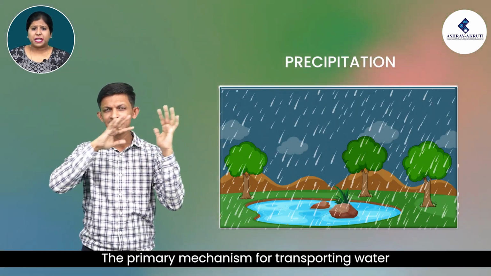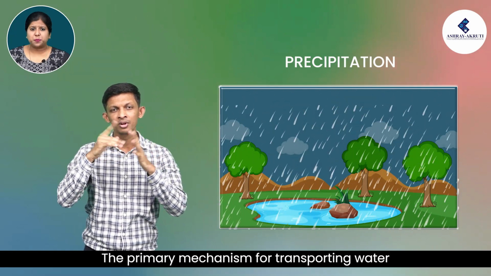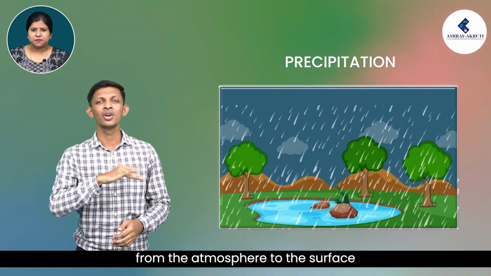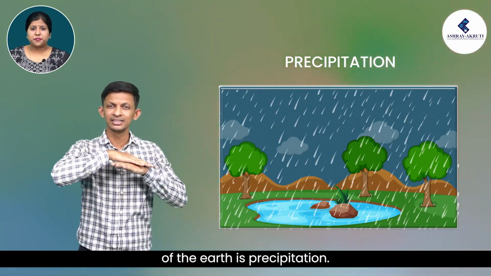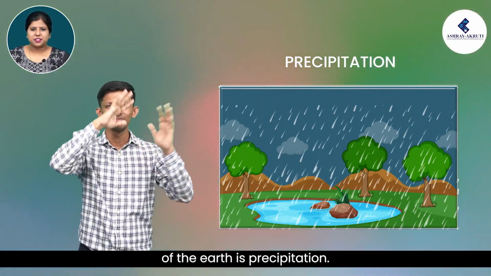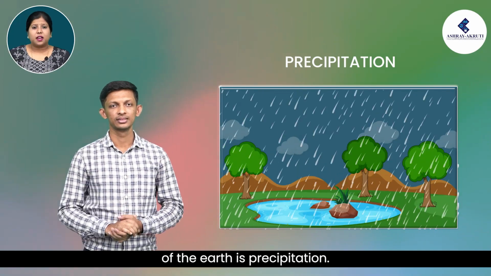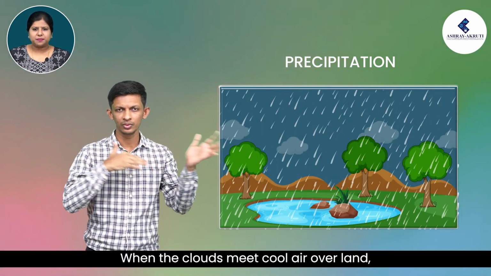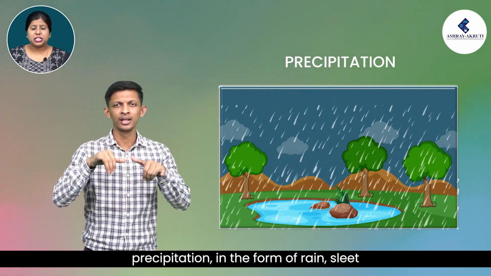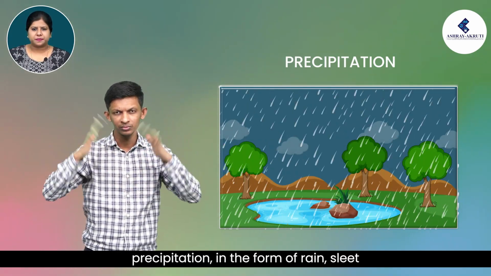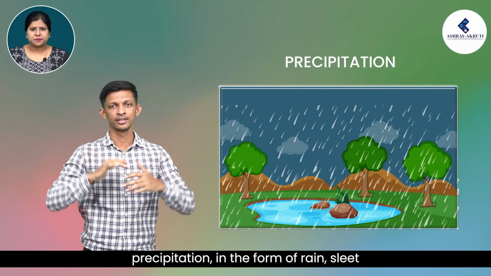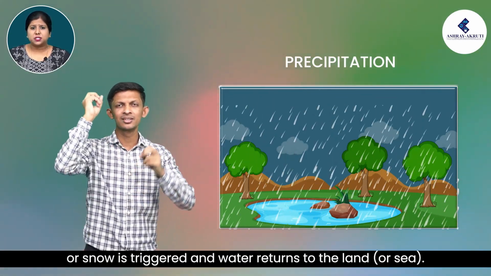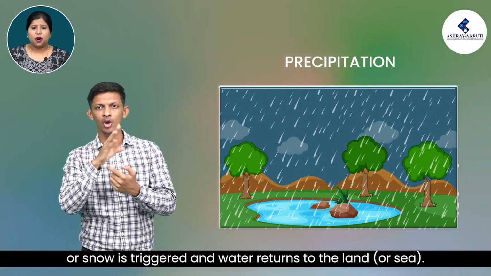The primary mechanism for transporting water from the atmosphere to the surface of earth is precipitation. When the clouds meet cool air over land, precipitation in the form of rain, sleet or snow is triggered and returns water to land or sea.